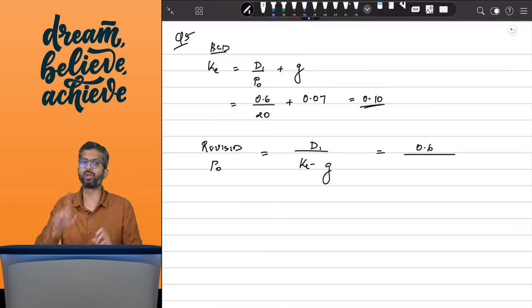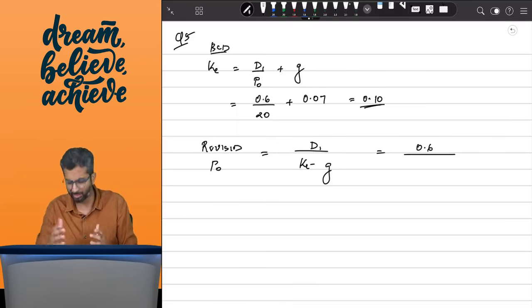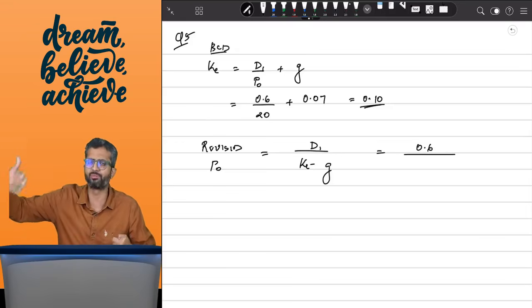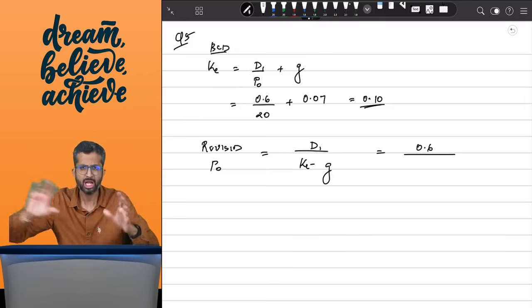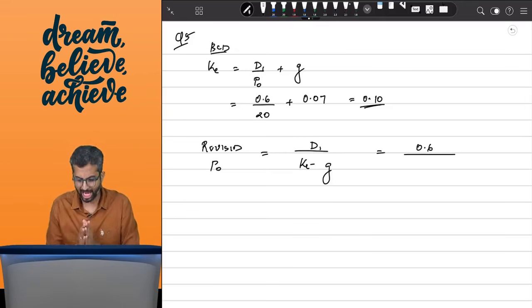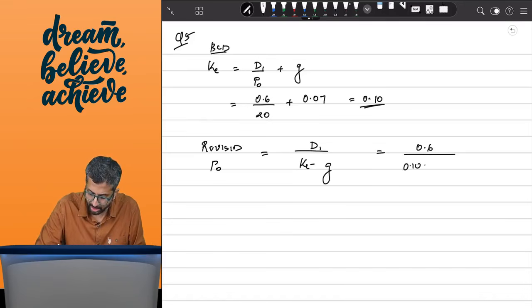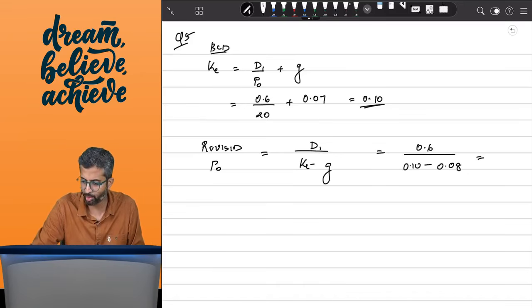Remember, that is not required whenever D1 is given. If D0 was given, you would have done that. But if D1 is given, you will take the same D1, because the GP starts from the first term to the second term to the third term. The first term can be anything, and as a result, if D1 is given, you will directly take that. Divided by KE, which remains the same, minus the revised growth which is 8%, and hence 0.6 divided by 0.02 comes to 30.